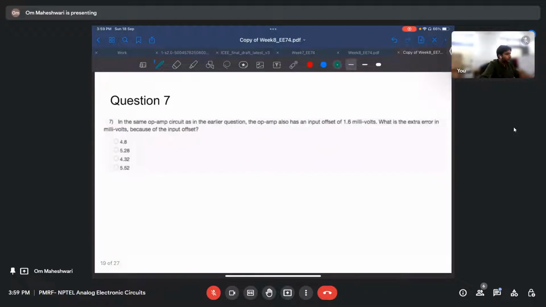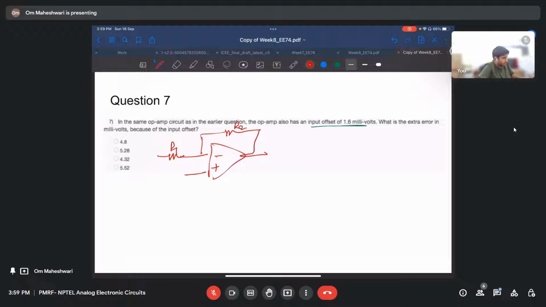So the next question is pretty much straightforward. In the next question, they are just saying they have an input offset. So what they're saying is that in an op-amp, minus, plus, let us say R1, R2, and we get some Vout.